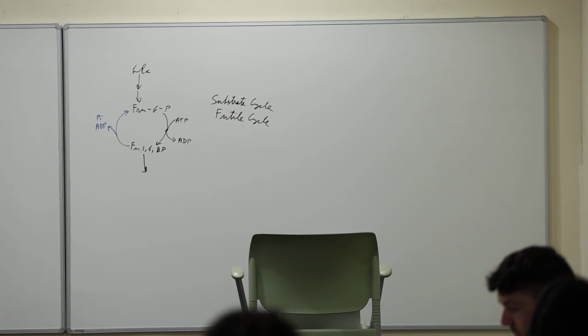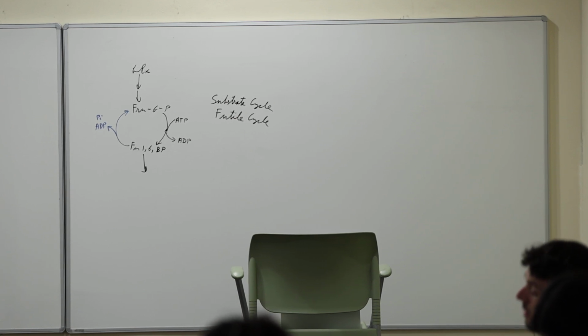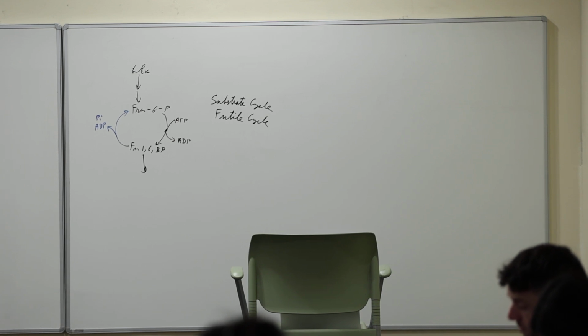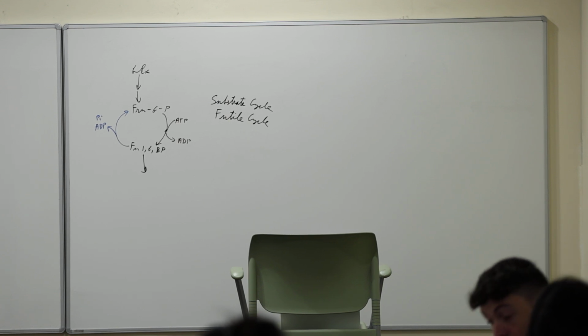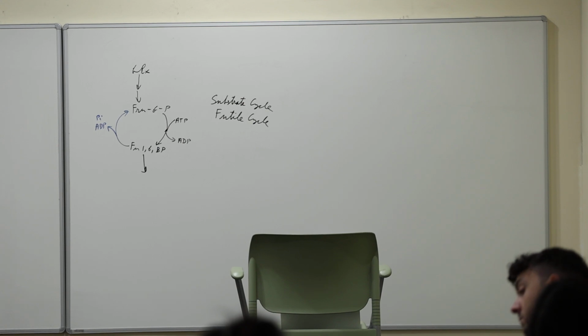But not always. There are examples where they are not regulated on purpose. For example, in hibernating animals, they need the energy to be generated even when you are not doing any activity. And so they have these cycles turned on so that energy is generated this way.